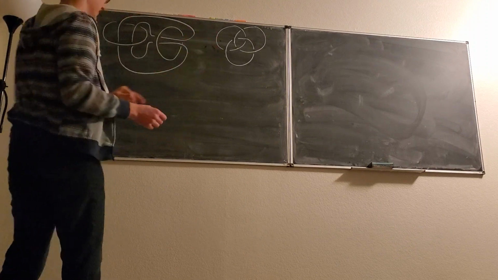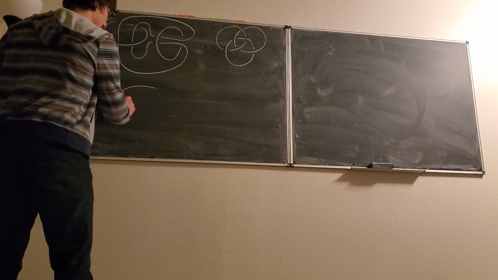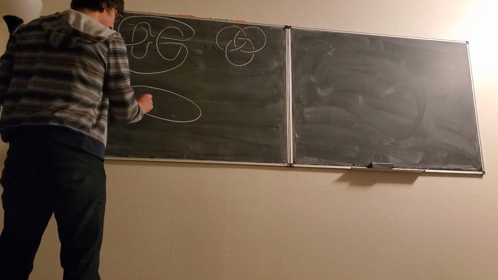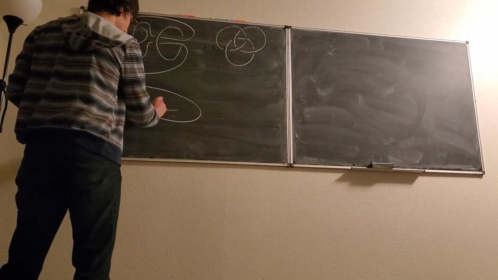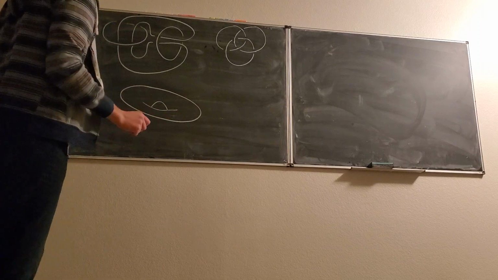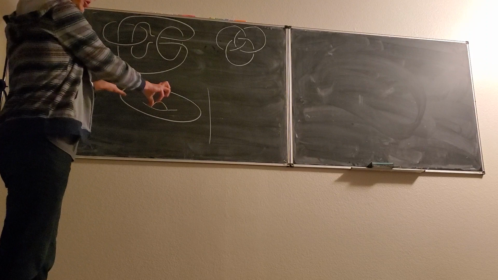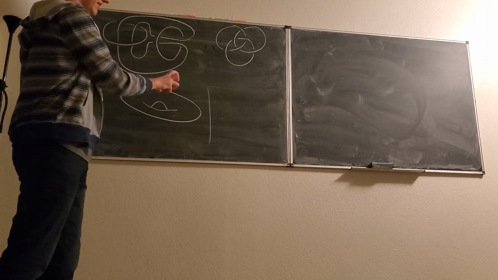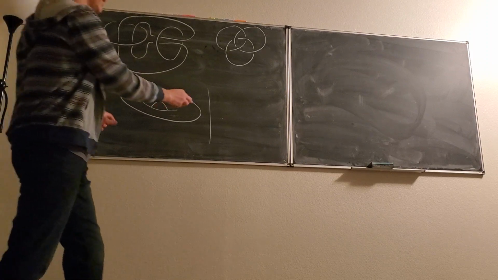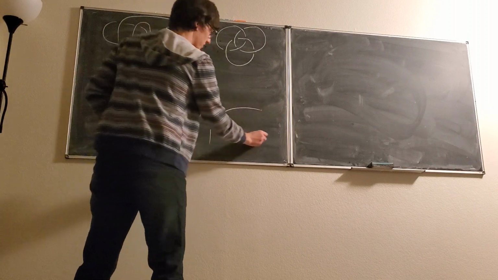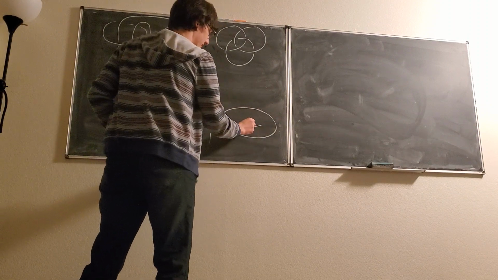This image will come in handy in a little bit. So we're going to get this tubular neighborhood. Looks like a torus. Imagine this is the tubular neighborhood that's in the S3, and this is the donut that we're gluing in.